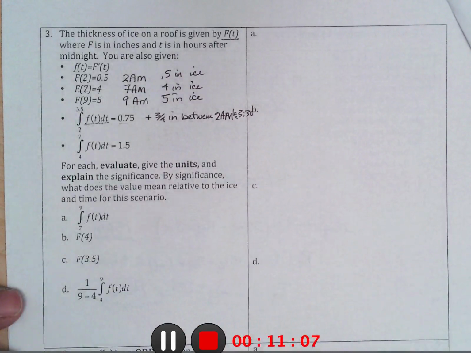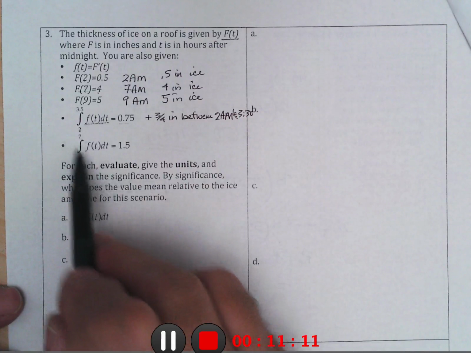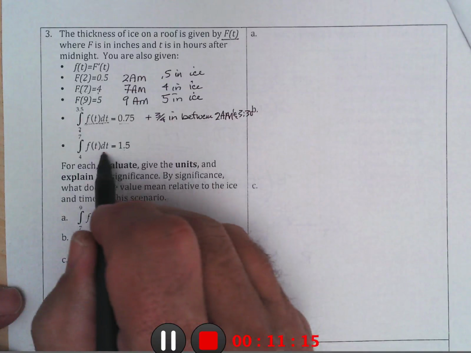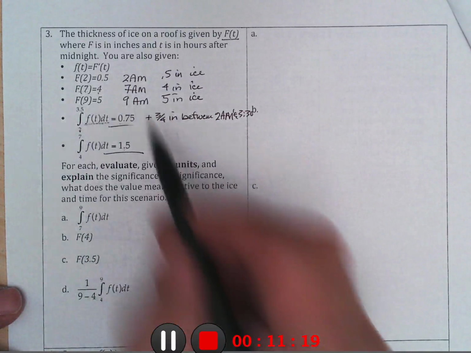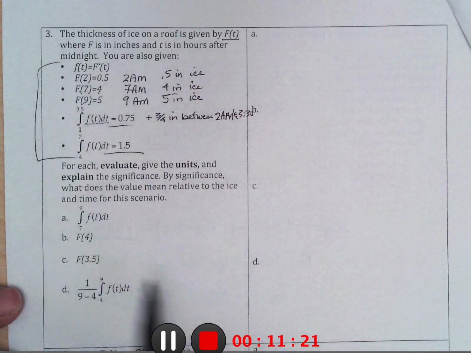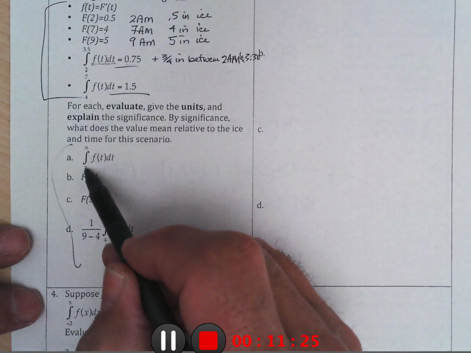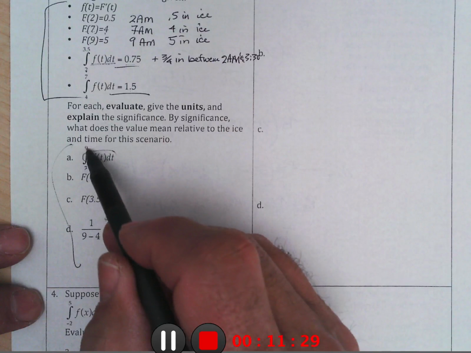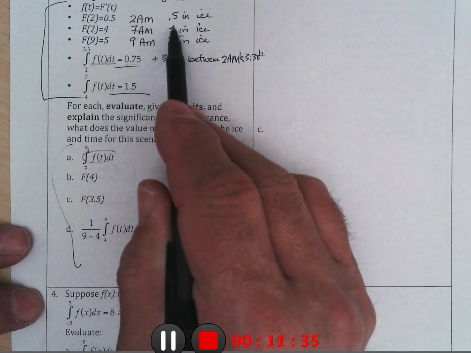And this is saying between 4 and 7, the ice increased by 1.5 inches. Get how to read those? So with this information, we're supposed to answer these questions. How much did the ice increase between 7 and 9? Well, at 9 there was 5, and at 7 there was 4, so the increase is 1 inch.